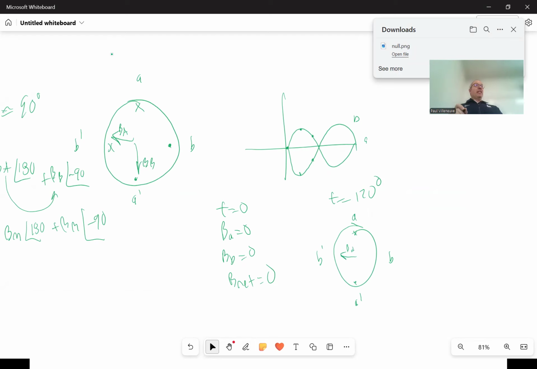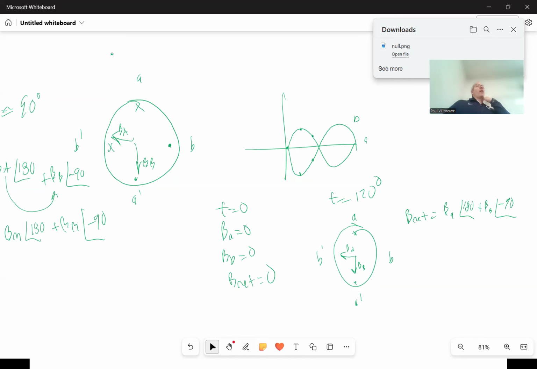B sub B is still a negative number, negative 0.5, but it's a smaller number. So B net is going to be equal to BA, which is at an angle of 180, plus B sub B at an angle of minus 90.